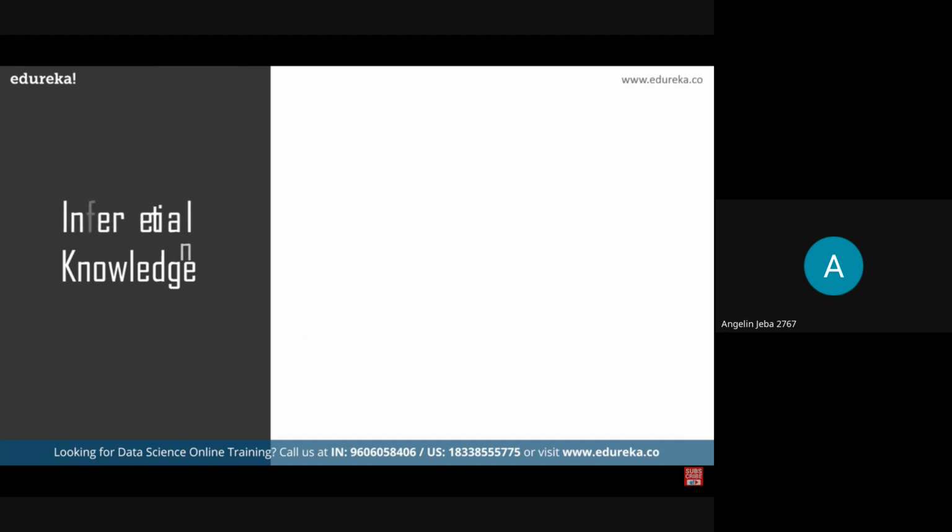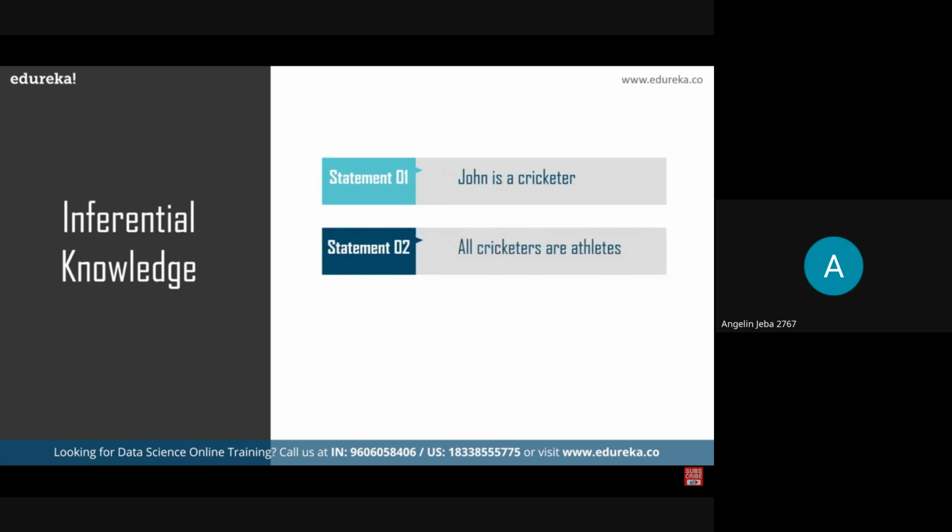Now, the final approach is the inferential knowledge. Now, the inferential knowledge approach represents knowledge in the form of formal logic. Thus, it can be used to derive more facts. Also, it guarantees correctness. So here, if we take an example, you can see that we have the first statement, which is John is a cricketer. Then we have another statement which says all cricketers are athletes.